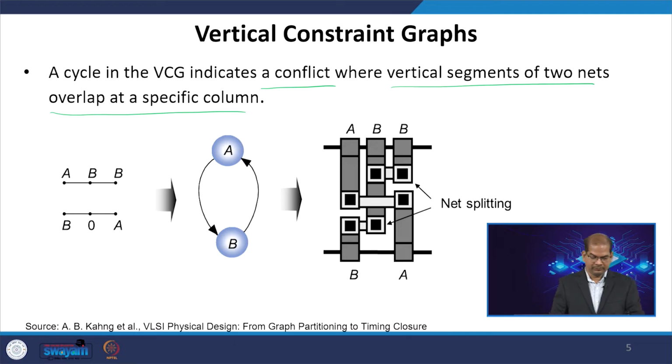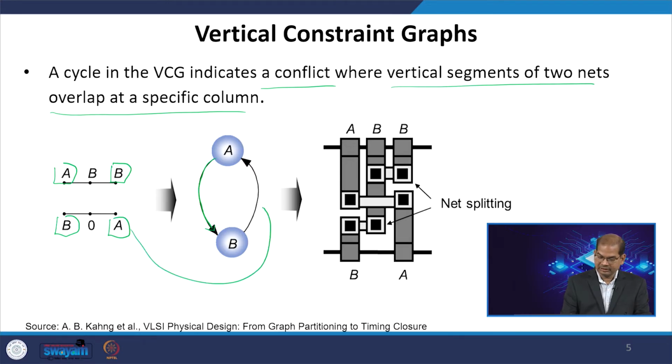Let us say I have two nets, net A and net B. I have an edge from net A to net B, and then an edge from B to A. This creates a cycle.